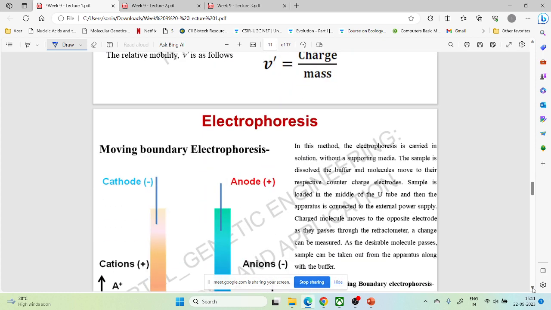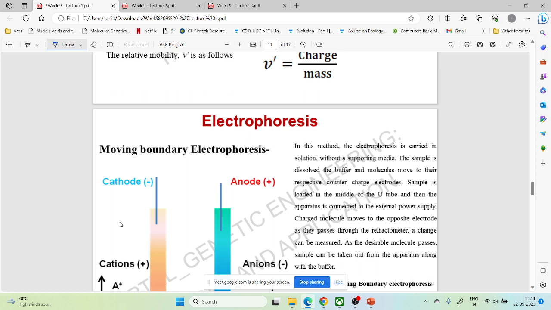And then we come to moving boundary electrophoresis. We know what chromatography is. In chromatography, we wanted to separate our protein from the mixture of proteins that we have. For that, we mixed our protein mixture in a mobile phase, in some buffer. As that buffer moved, our protein of interest also moved through the column.